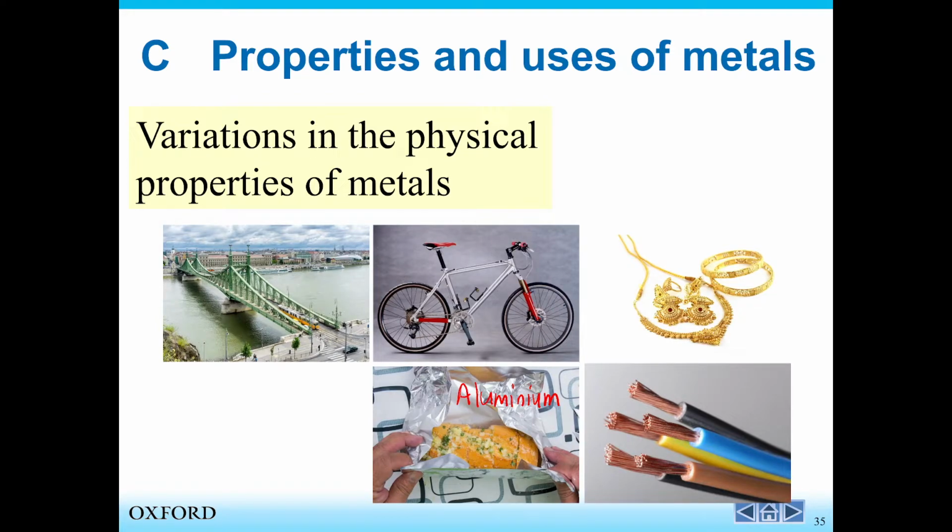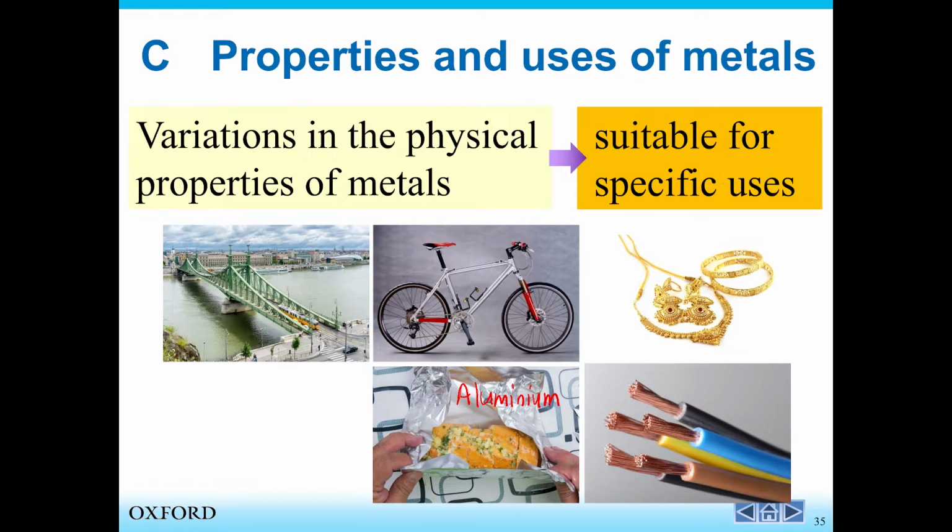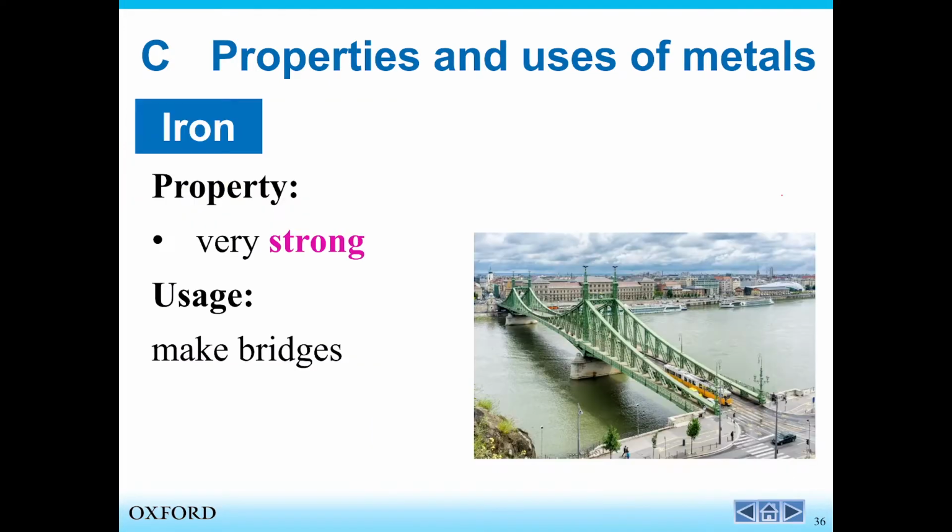Even though it's quite useful, used in window frames or aluminium foil, we're not using it to make jewelry or to conduct electricity, because each metal has its own level of electrical conductivity and its own variations in ductility. So they will have their own specific uses.